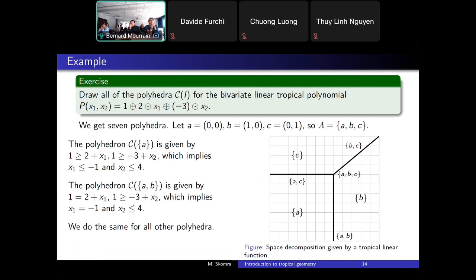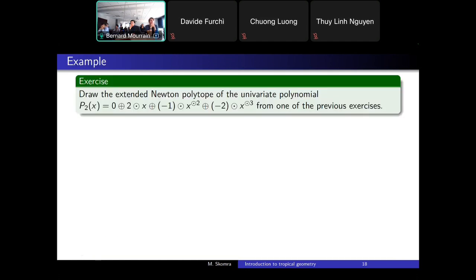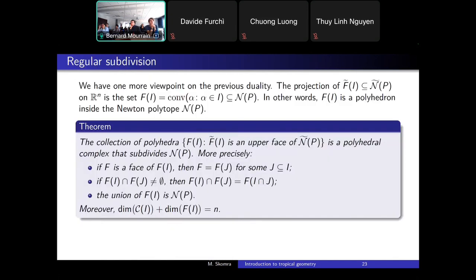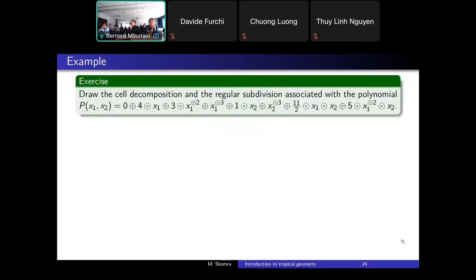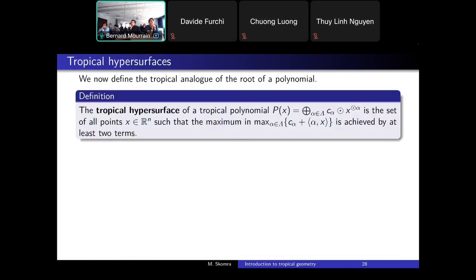And these polyhedra have a nice structure of a polyhedral complex. So then we discussed polyhedral complexes, and we finished with this theorem that basically claimed that the decompositions of space are in a very nice duality with the regular subdivisions of Newton polytopes. However, for this lecture, we will not need this. So that I will also skip.